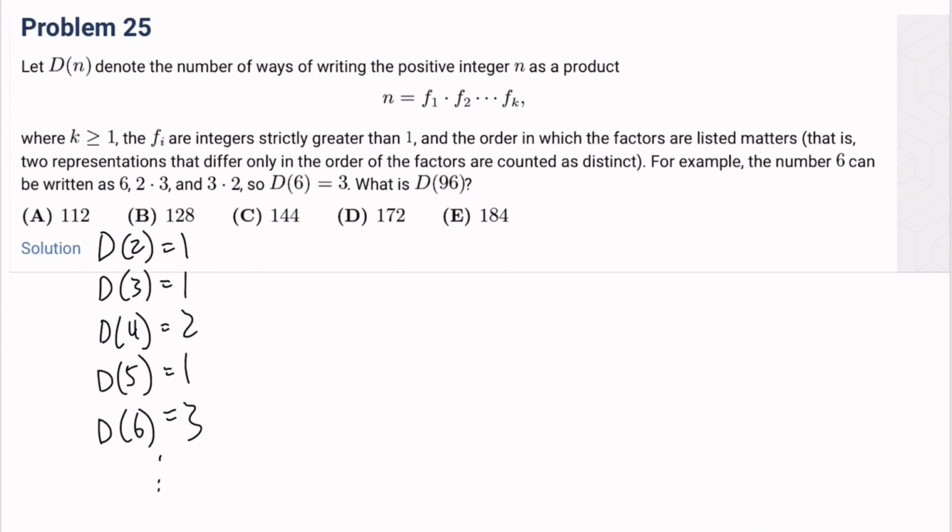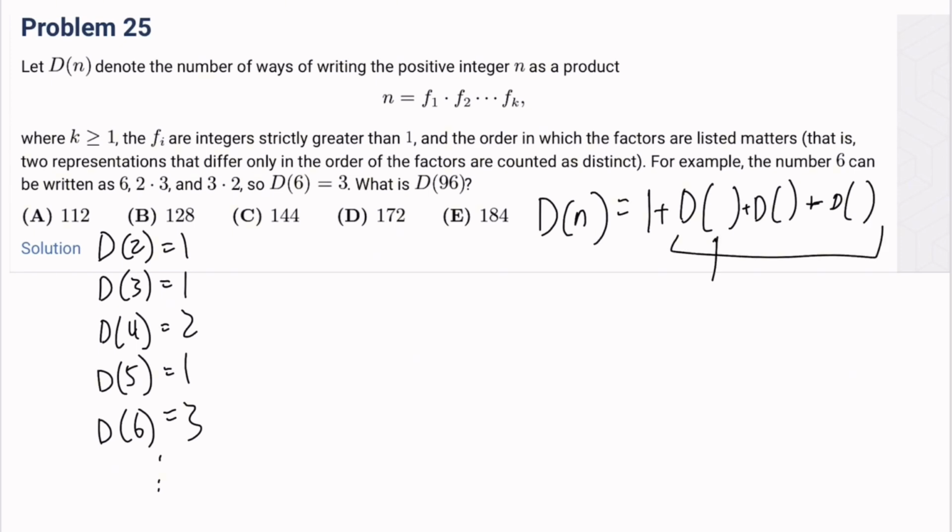And you could keep going, and you will find the pattern that Dn is 1 plus D of something plus D of something, and so on, where the things inside are all the factors of n. So d4 is 1 plus d2, and d2 is 1, so that's 2.